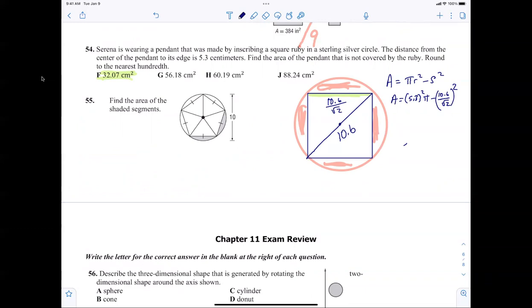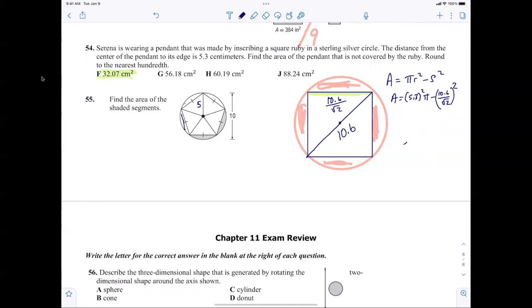Okay, so last one for today. What's the radius of the circle? 5, right? Now, there's lots of ways you could think about this, right? But I want you to know the area, if all of this was shaded, would simply be the area of the circle minus the area of the pentagon, correct?